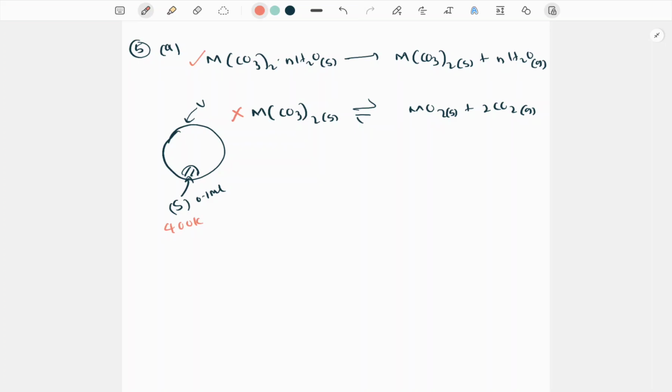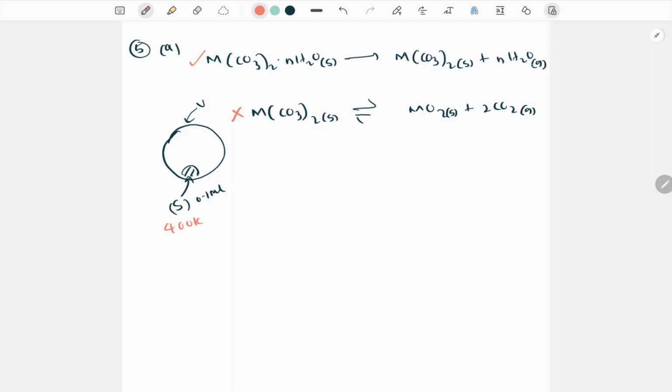The pressure of the container was measured to be 1.6 into 10 to 4. Now there is a pressure in the container. Pressure is usually given by a gas. What's the only gas present at 400 Kelvin? Water vapor. There is no other gas present. Therefore, this pressure 1.6 into 10 to 4 Pascal is given by this water.